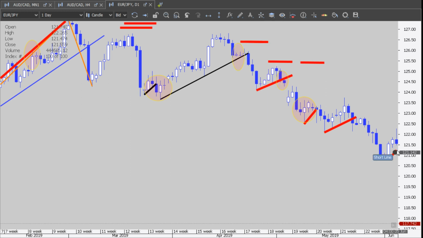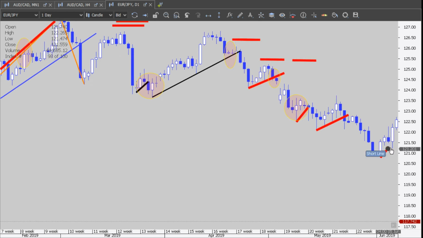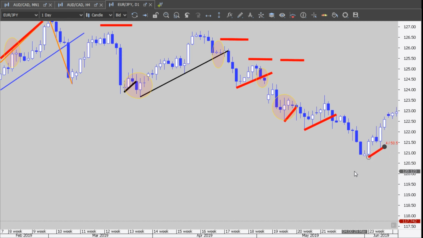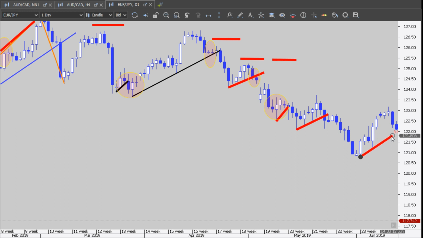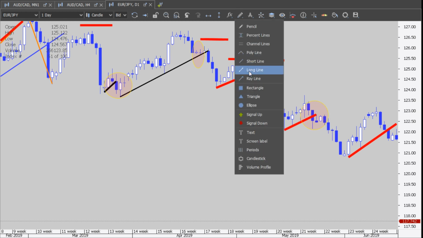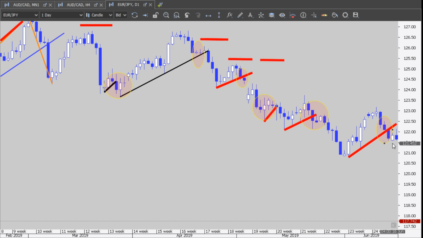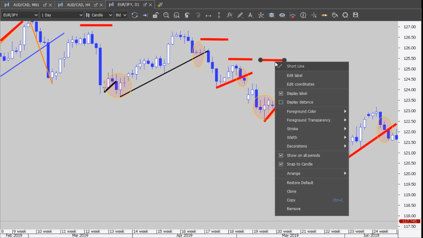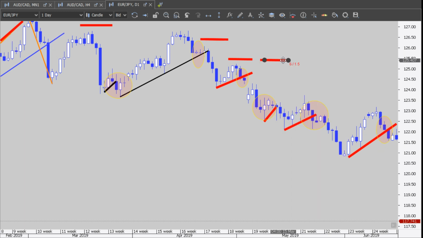Another opportunity to enter the market. Didn't break the counter trend line. I'm extending, right? Extending, bam, I'm in. Right? So I have 1, 2, 3, 4, 5, 6. This is the 6th opportunity, and my stop loss goes on the previous high.